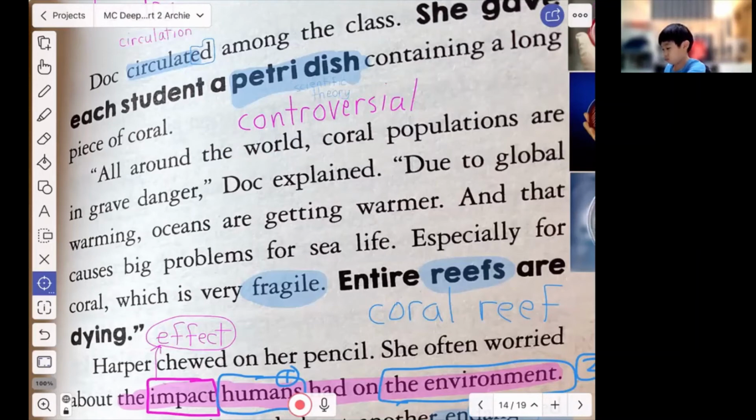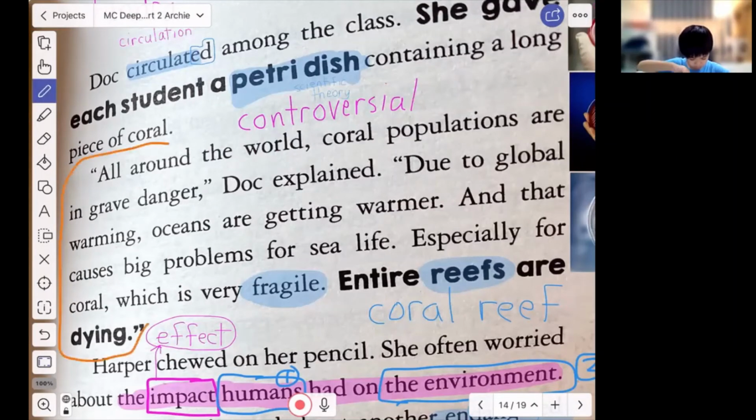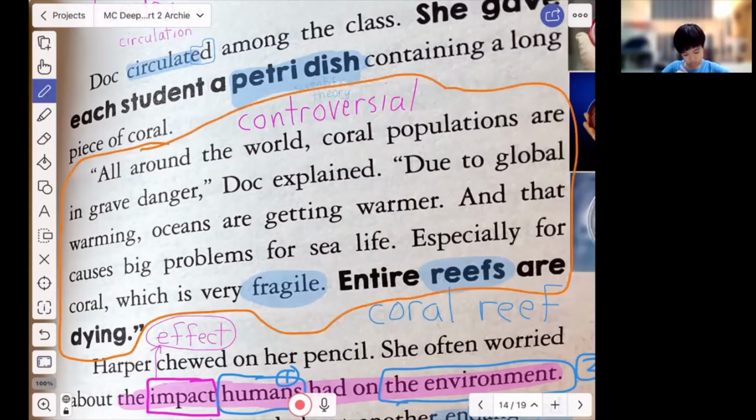Except Doc Culpepper is just a fictional character. She's not real. The person who's real is the author writing the book. And so this paragraph right here is really telling us, I think, what the author of the book wants us, the reader, to believe.